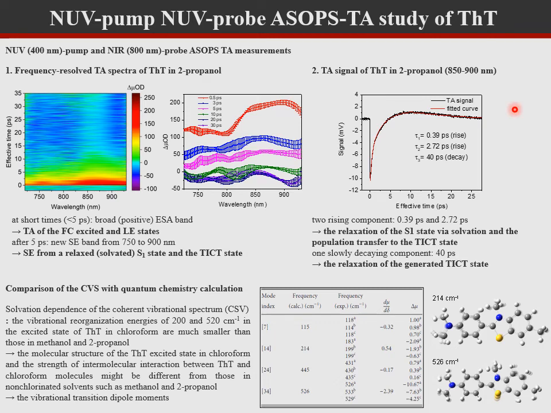Our experimental results suggest that the reorganization energies of the 2 vibrational modes that exhibit large electric dipole moment changes are relatively small in chloroform compared to those in 2 alcoholic solvents. Therefore, the intermolecular charge transfer driven by the solvation of surrounding polar solvent molecules may not occur effectively in chloroform.